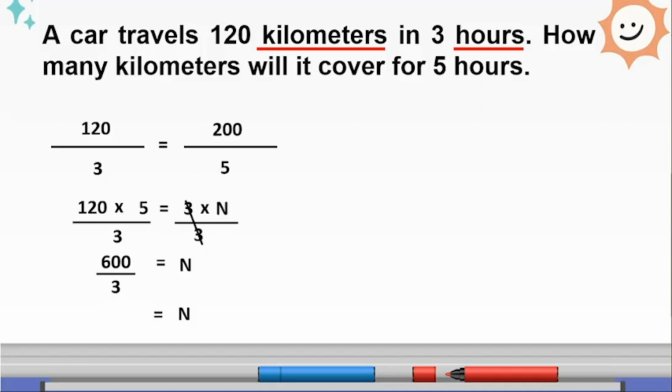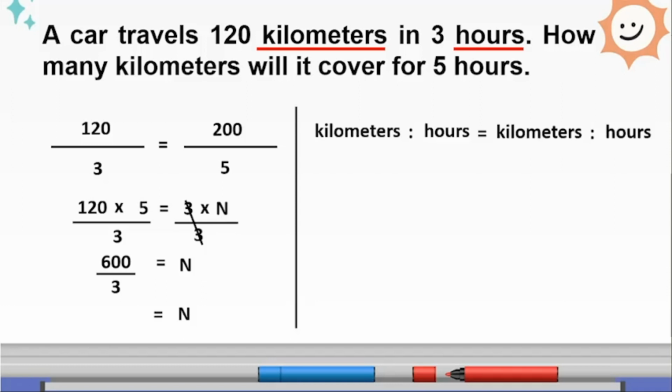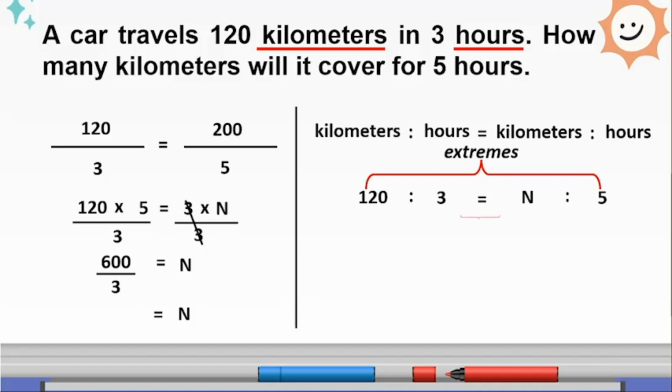Okay, so we can use also it in colon form. Kilometers to hours as kilometers to hours. Then 120 to 3 hours as n to 5 hours. Kasi yung kilometers yung hahanapan natin. Then we can multiply the extremes, then the means.